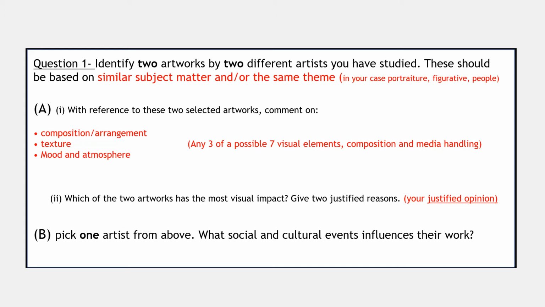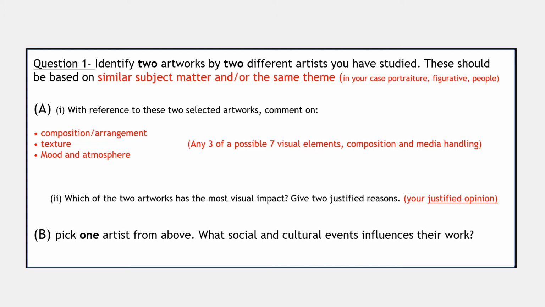And part A is to write about these two artworks by commenting on the three selected visual elements, which are always different. The second part of part A is to talk about the visual impact of the painting and the one that you think has the most visual impact, and to justify your answers. So this is really opinion based.